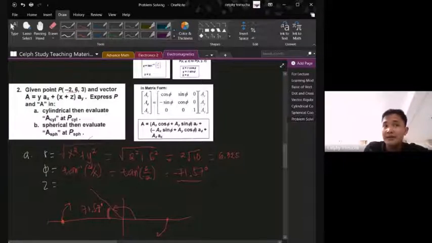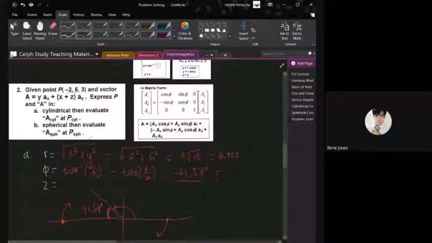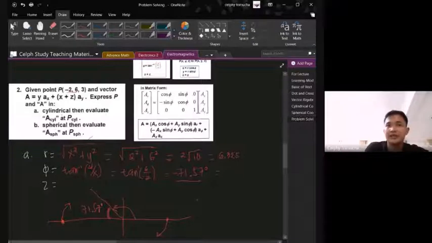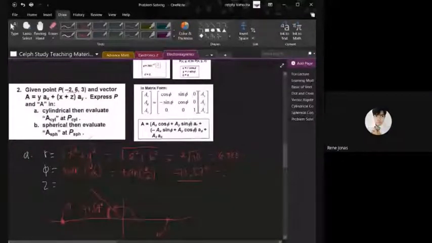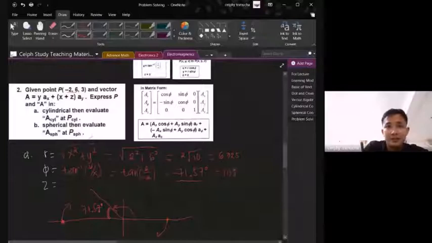Okay? So, halin sa aton nga reference nga positive x-axis, pila ni nga value sa aton nga angle? 180 minus 71.57. So, this is 108.43 degrees.